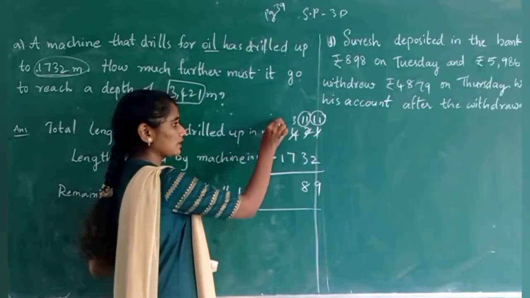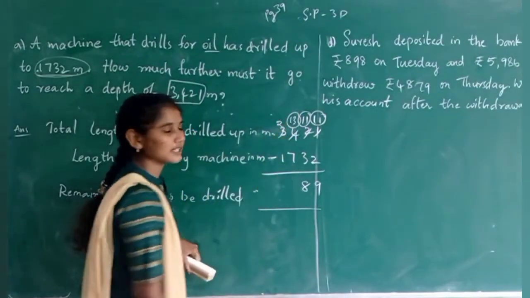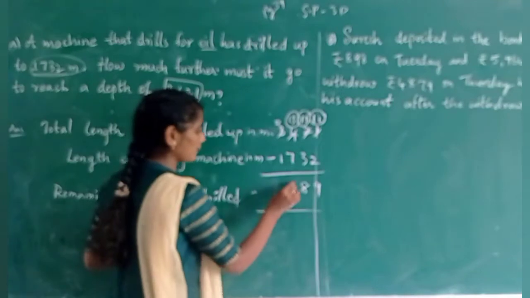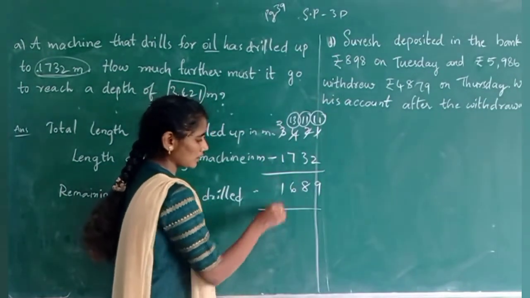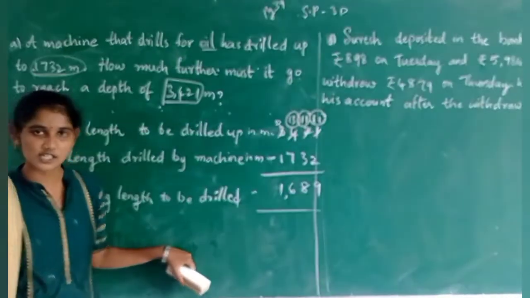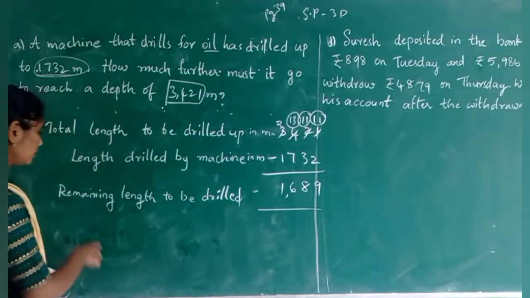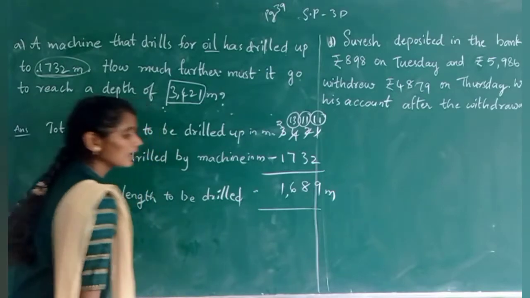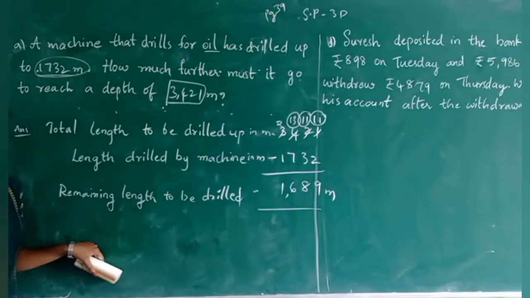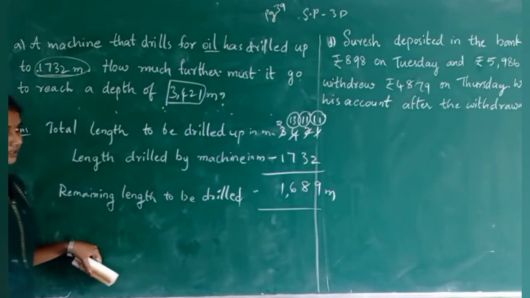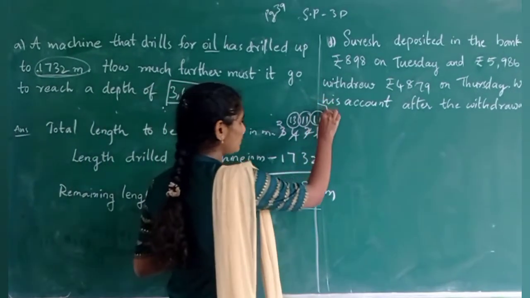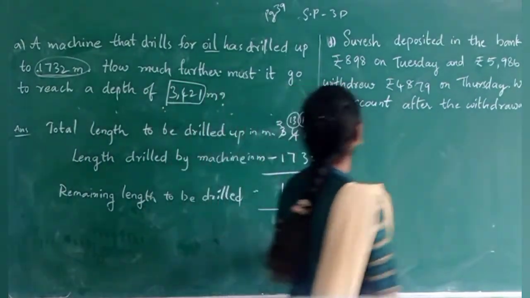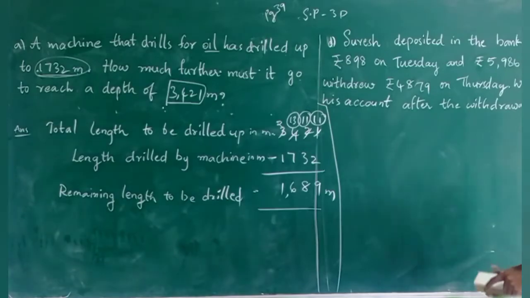Then 3 minus 7 is not possible; 13 minus 7 is 6. Then 2 minus 1 is 1. So the answer is 1689. The remaining length to be drilled is 1689 meters.